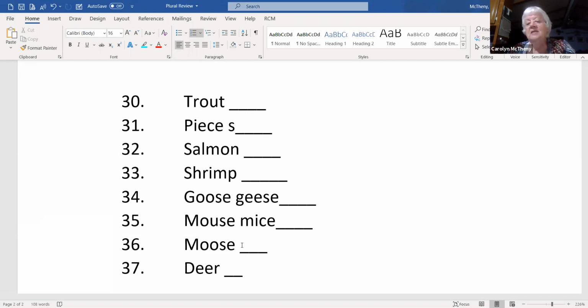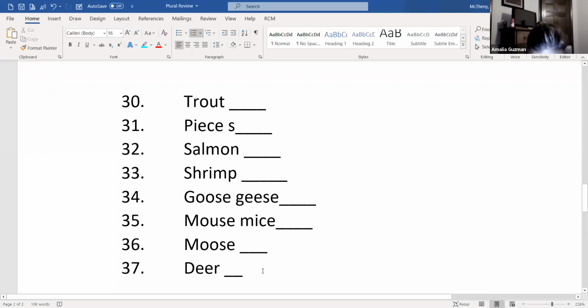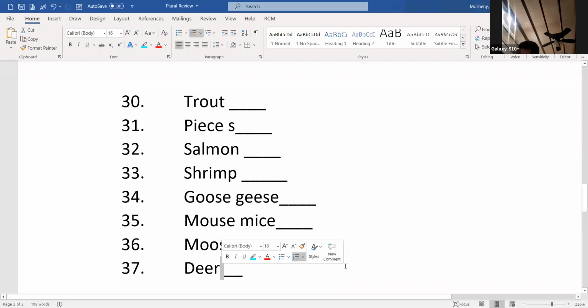You don't have meese. It's not like mouse. You don't have mice. Moose is singular and it's plural. You don't add an S. There's not mooses. And the same thing is true with deer. Deer is singular and it's plural.